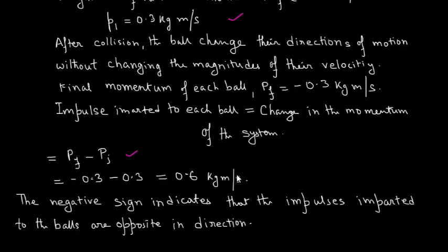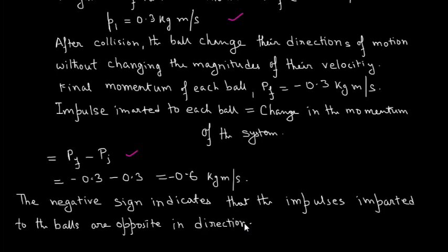So putting the value of Pf and Pi, we get minus 0.3 minus 0.3, that is minus 0.6 kg meter per second. The negative sign indicates that the impulses imparted to the balls are opposite in direction.